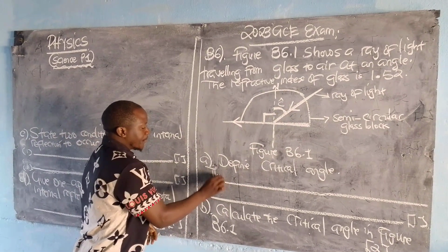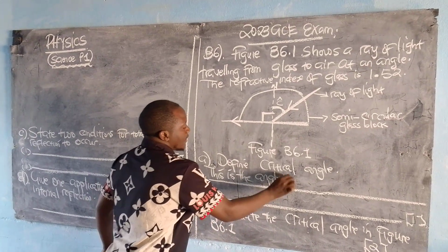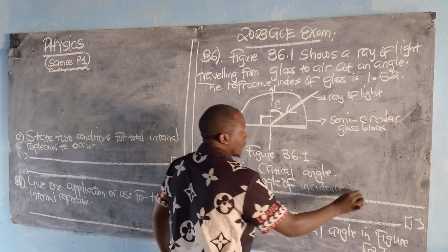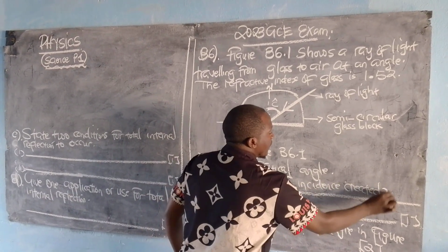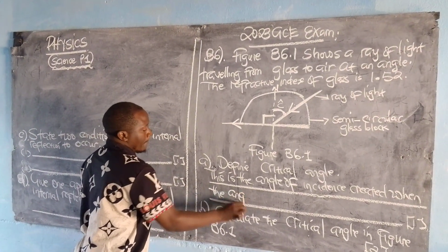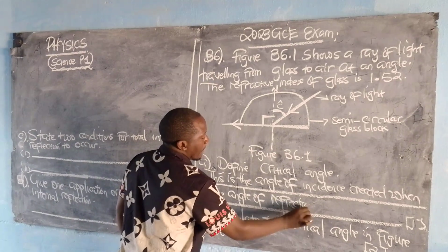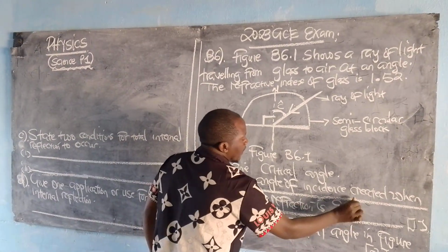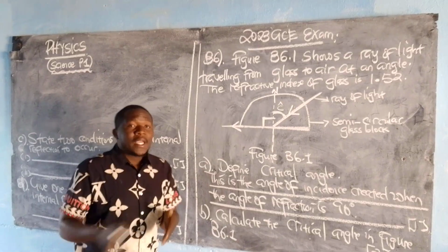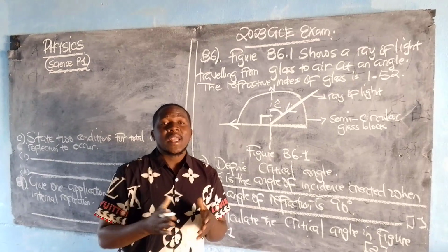So we can also say the critical angle is the angle of incidence which causes the angle of refraction to be 90.